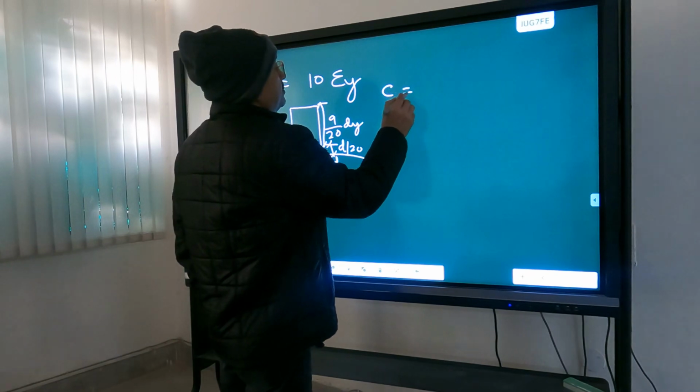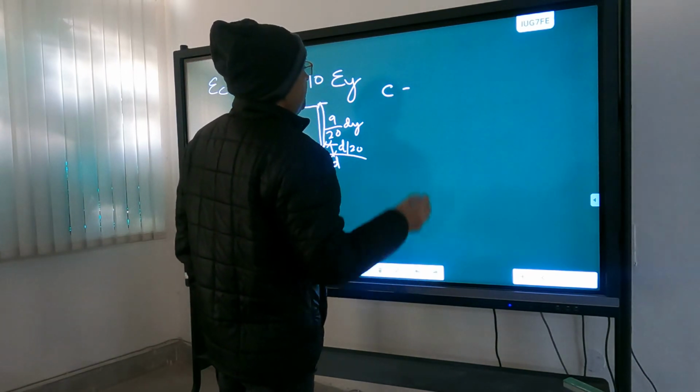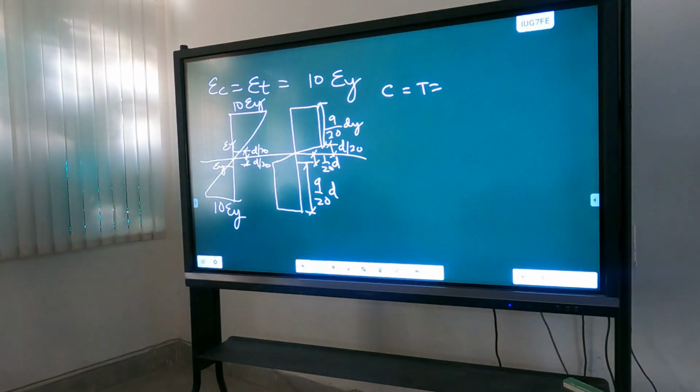Can you calculate C and T? In this case also C and T will be equal.